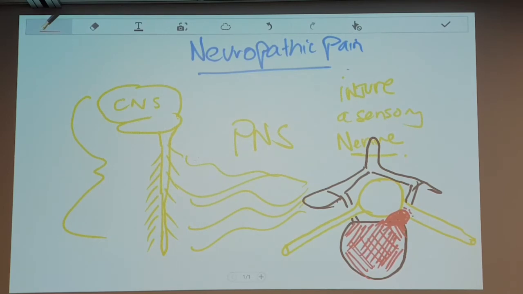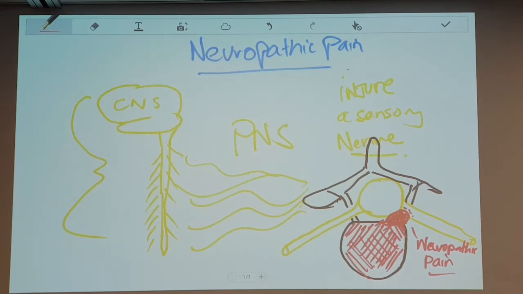That's called neuropathic pain, because it's irritating sensory nerves which lie within this trunk nerve root.